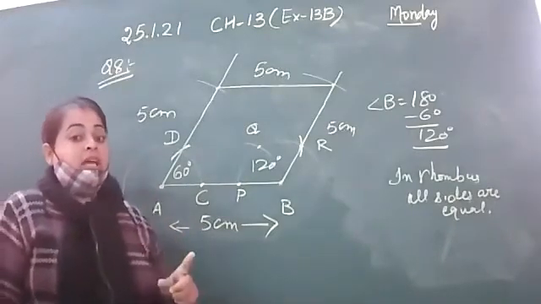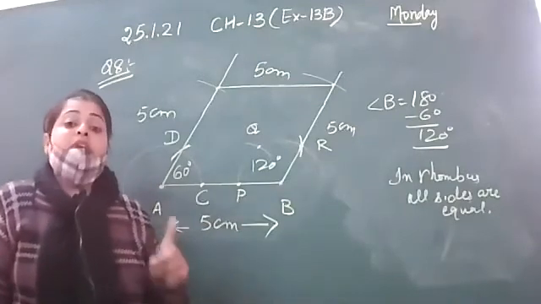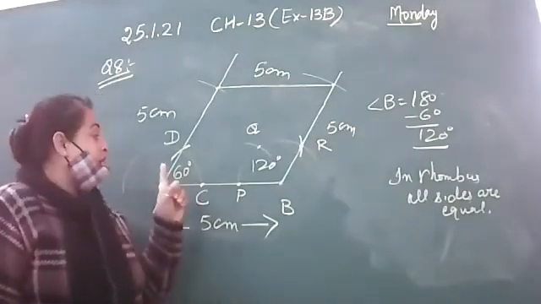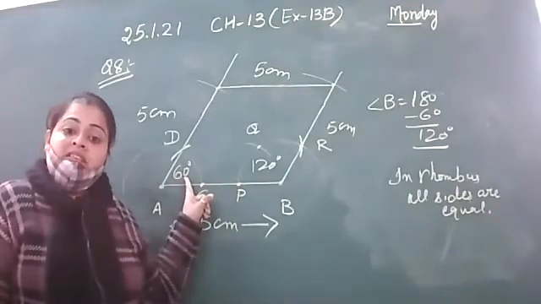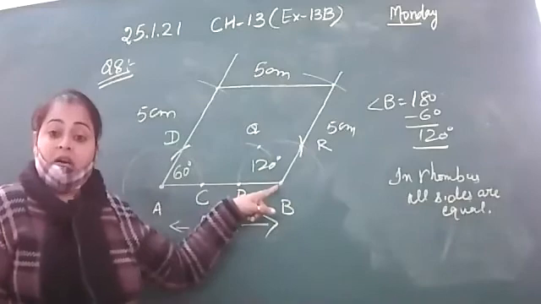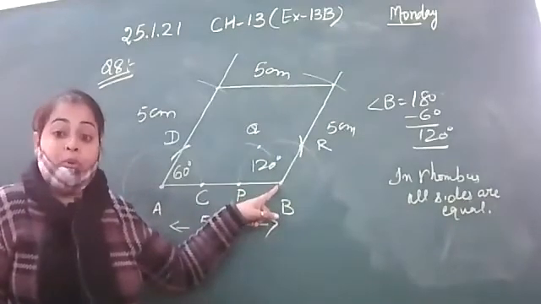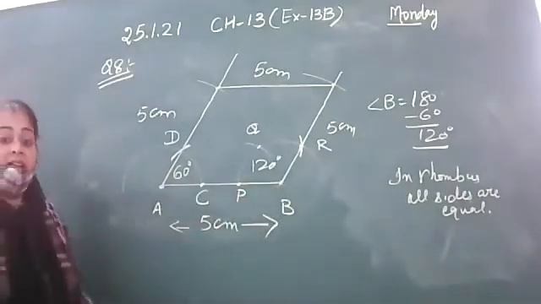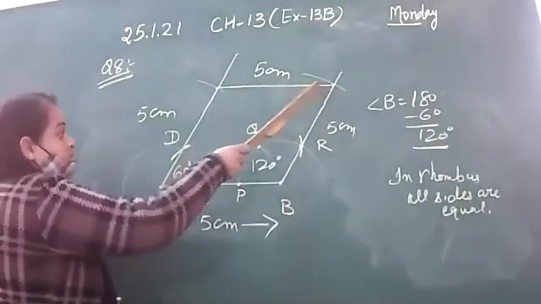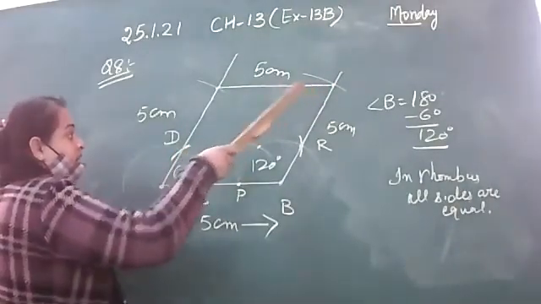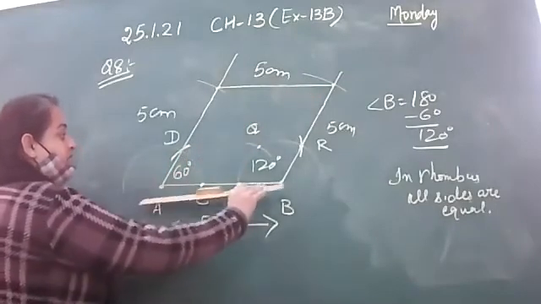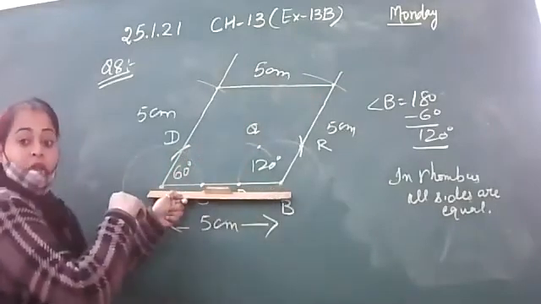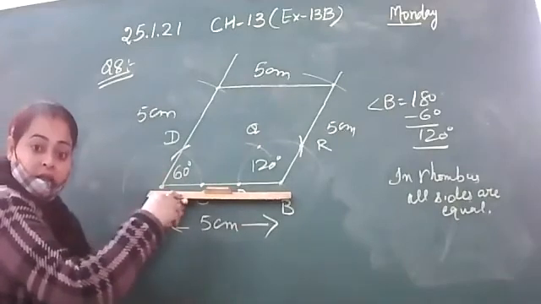So practice again and again how to construct 60, how to construct 120 and how to construct 90 degree. And one more time I am going to repeat. If in rhombus one angle is given to you, then you can easily find the next angle. This is the next angle, not the opposite angle. These angles are opposite angles. Okay? And these angles lie on the same line segment.